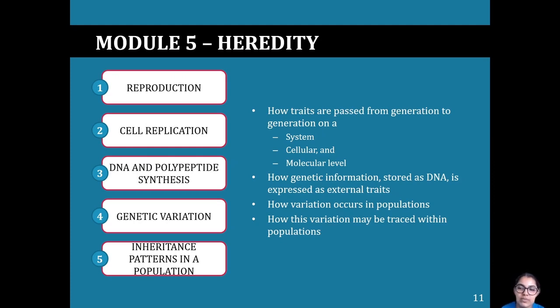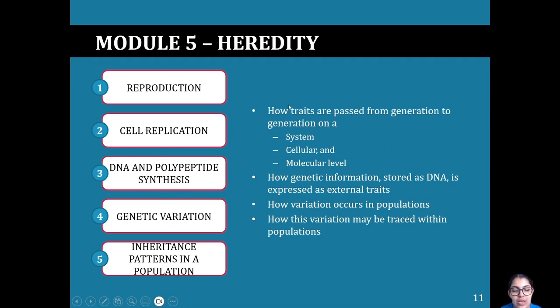So in terms of Module 5, remember, again, a quick summary. We've got reproduction, we then look at cell replication, DNA and polypeptide synthesis. So we start off with a big concept, we look at the smaller part of it, how does it actually happen, what is the relevance of it, and then we link it to the bigger picture.